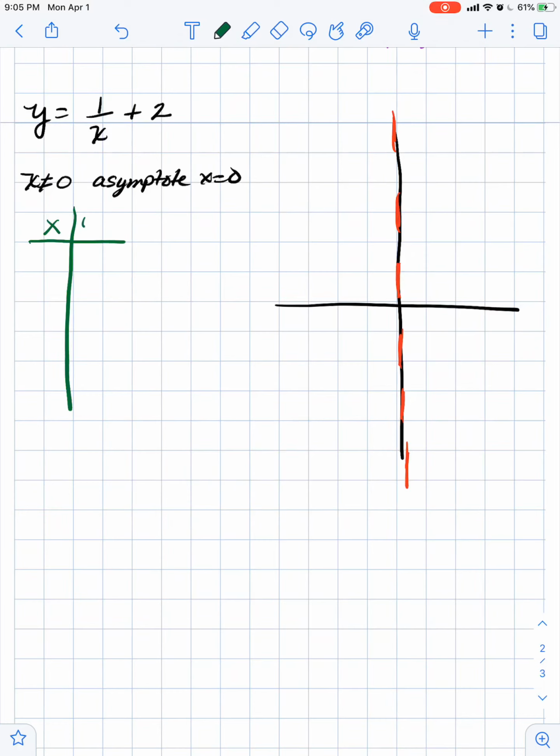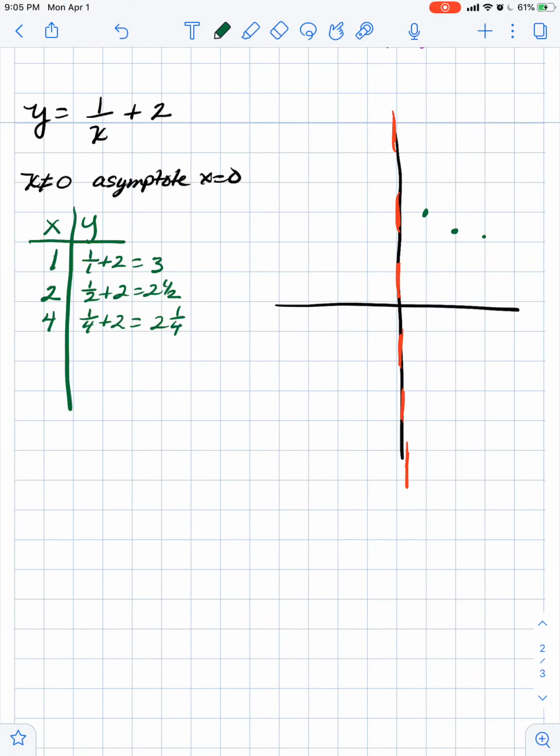But what I did was I added 2 to it. So let's go back to our points we had earlier. If I put in 1, 1 over 1 plus 2 gives me 3. So I'm now at 1, 3. If I put in a 2, then I'm going to get 1 half plus 2, which is 2 1/2. And hopefully you see what's happening here. If I put in a 4, I'm going to get 1/4 plus 2, which is 2 1/4.